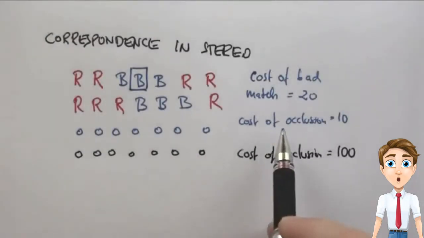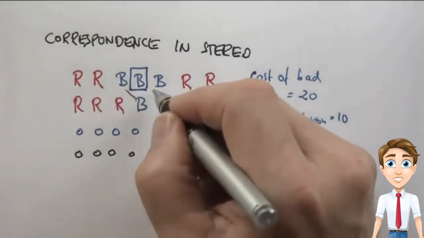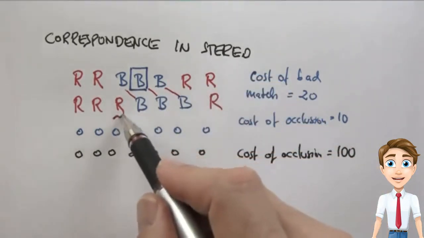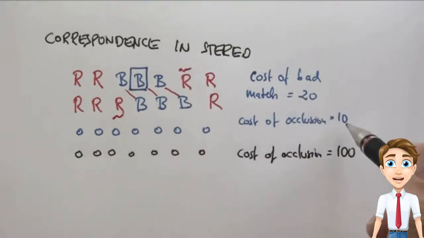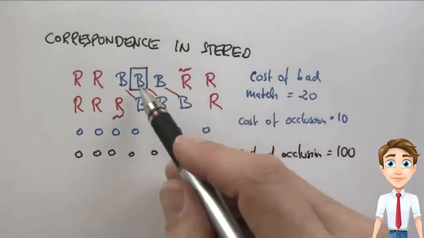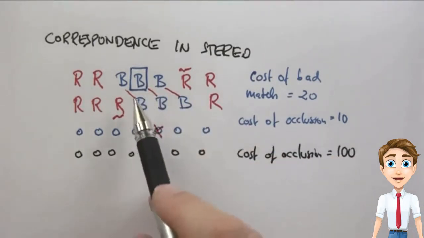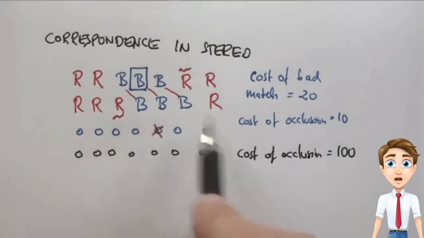In the case where the occlusion costs are low, it is best to assume that those B's over here correspond as indicated. That means we have an occlusion cost to pay over here, an occlusion cost to pay over here. Our total cost is 20 for two occlusions, but we have a perfect match. As a result, this B moves over here. However, this is not a viable solution if the occlusion costs are large, because you would pay a total of 200 in occlusion costs.